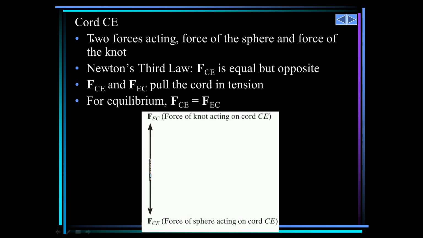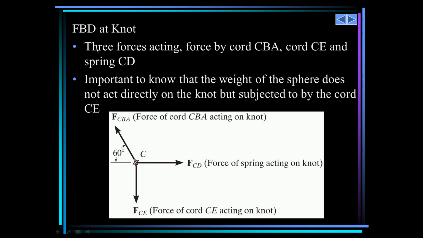And then for cord CE, there are two forces acting, the force on the sphere and the force on the knot. By Newton's law, FCE is equal but opposite to FEC, and they pull the cord in tension. For equilibrium, FCE will equal FEC.